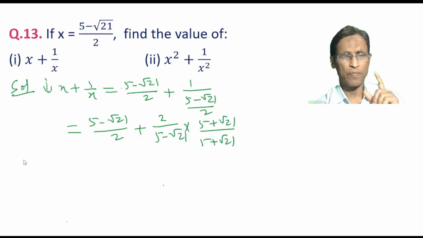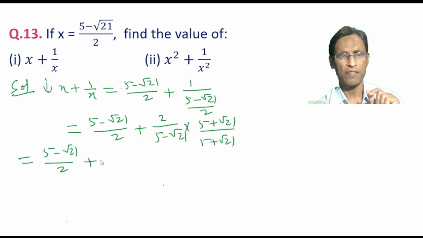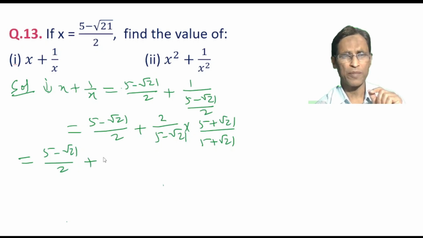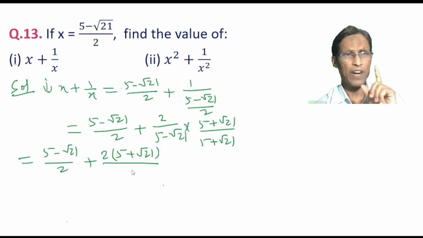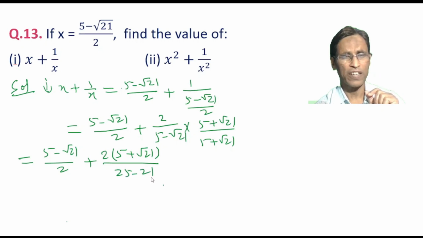In the next step, the first fraction will be 5 minus under root 21 by 2 plus the second fraction, which can be written as 2 times 5 plus root 21 by denominator 5 minus root 21 into 5 plus root 21, which gives 5 square minus root 21 square, that means 25 minus 21.